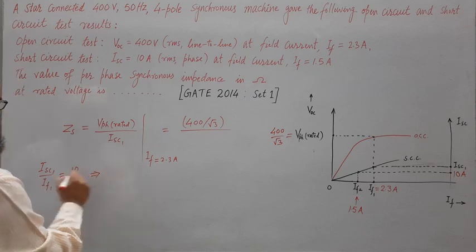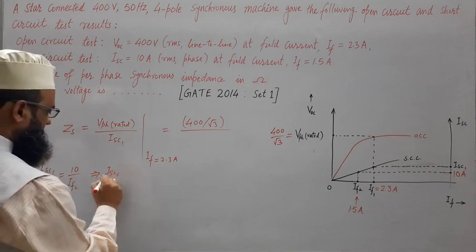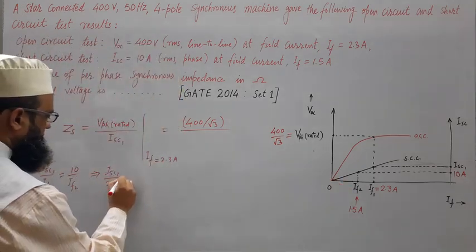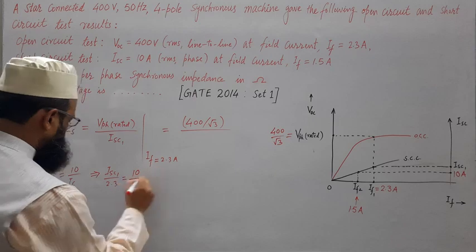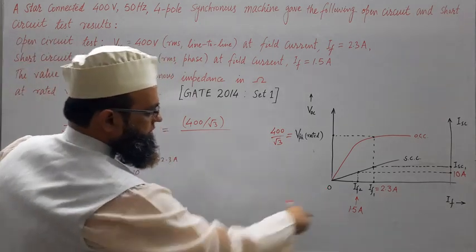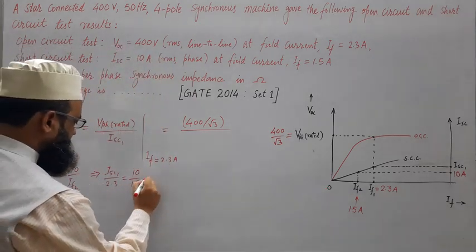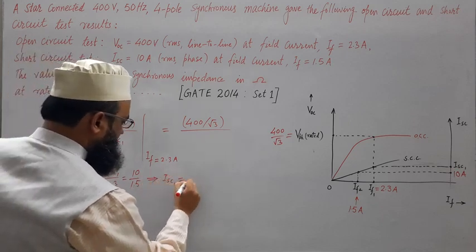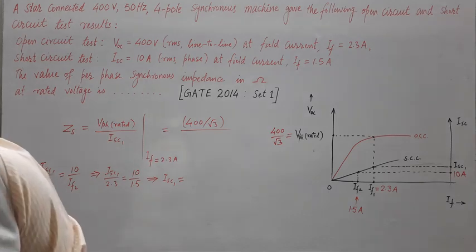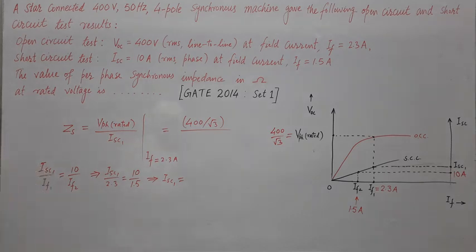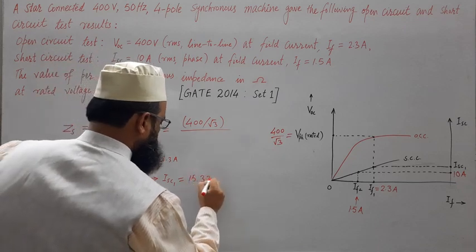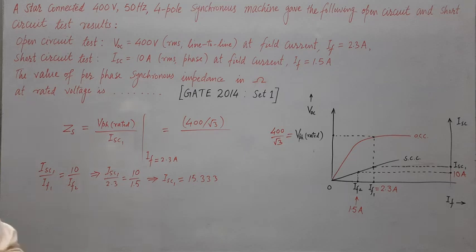This implies ISC1 upon IF1, which is 2.3, is equal to 10 upon IF2, which is 1.5. This implies ISC1 is coming out to be 15.333 ampere, right?